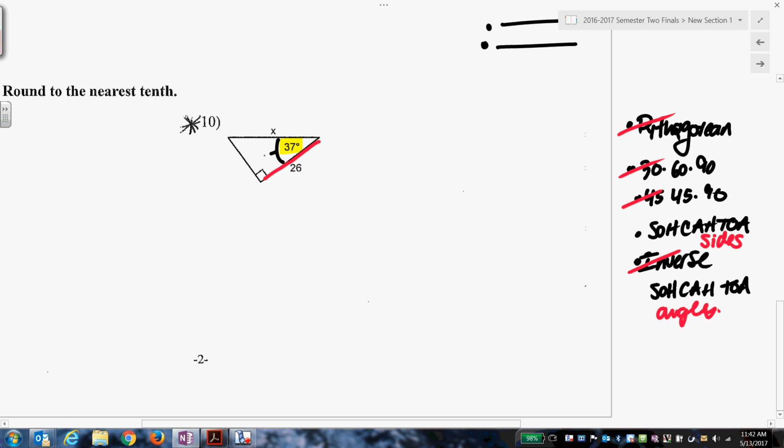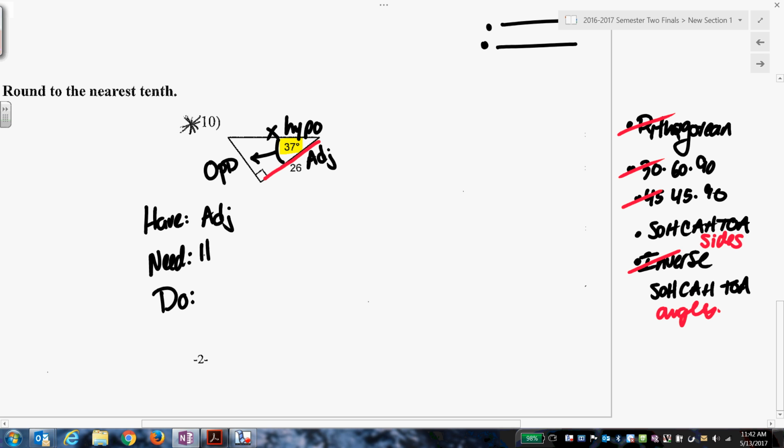With that angle, let's label. We have the adjacent side, and our x is at the hypotenuse.